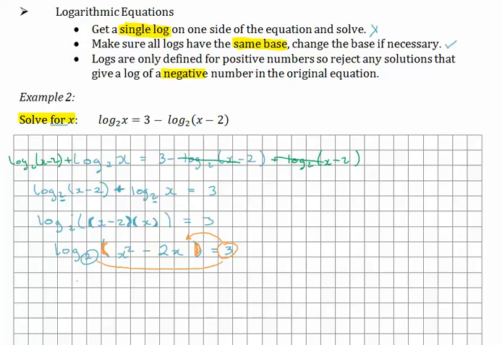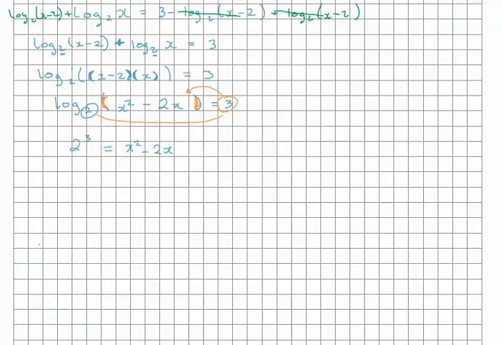So 2 to the power of 3 is equal to x squared minus 2x. Now 2 to the power of 3 can just be worked out. That's 8, 2 by 2 by 2. That's equal to x squared minus 2x.